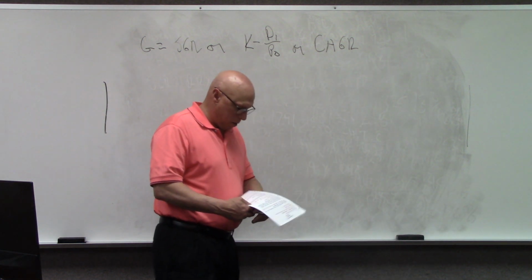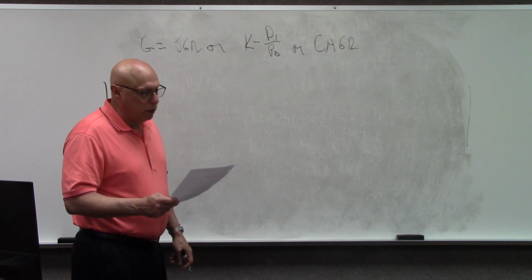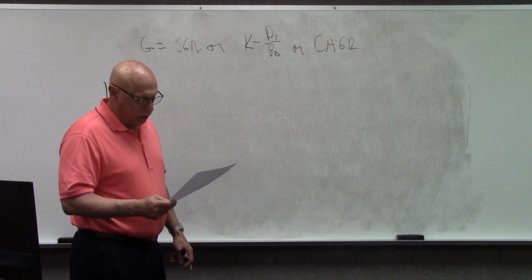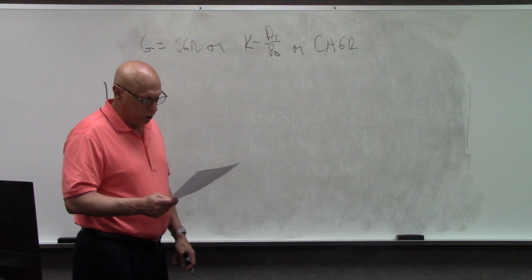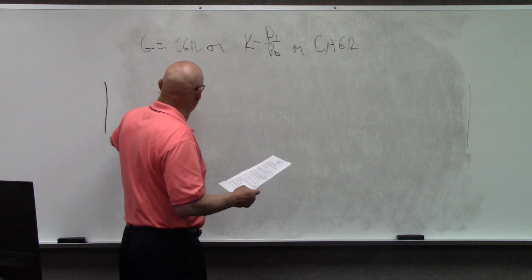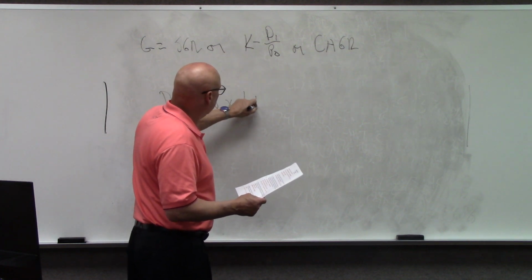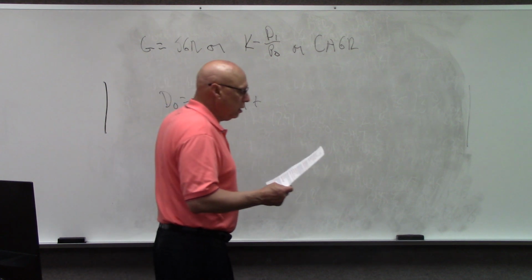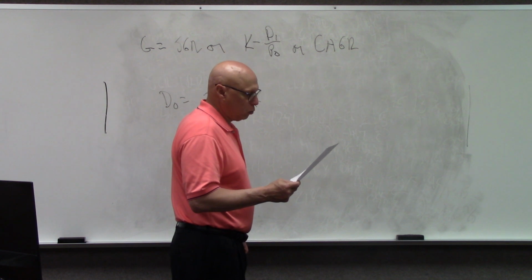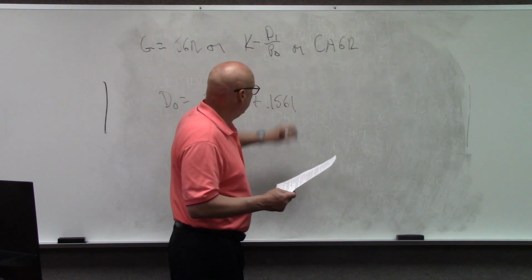To question number 4. If the company in question 2 paid a dividend of 35 cents last year, what dividend will they likely pay this coming year? What is the likely dividend this year for the company in question number 2? So D1 equals 0.35 times 1 plus G. And G, we didn't mean question 1, we meant question 2, is 0.1561.